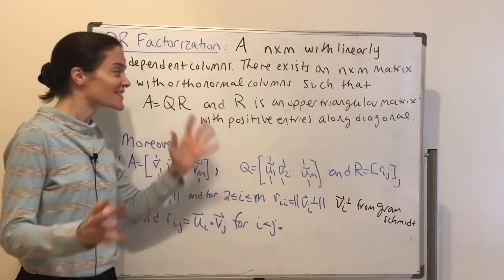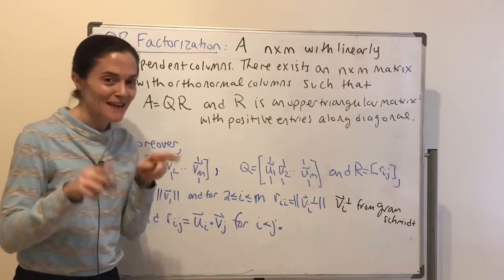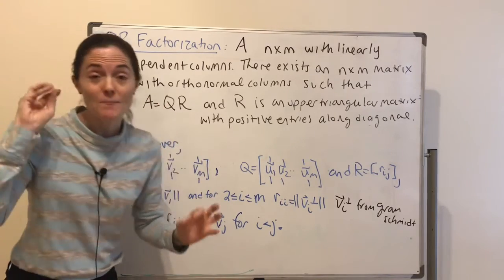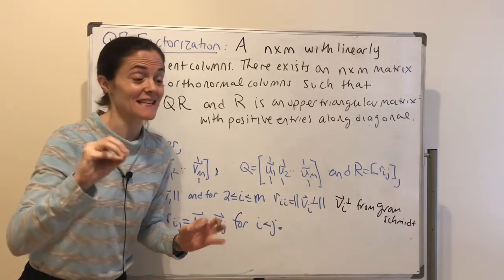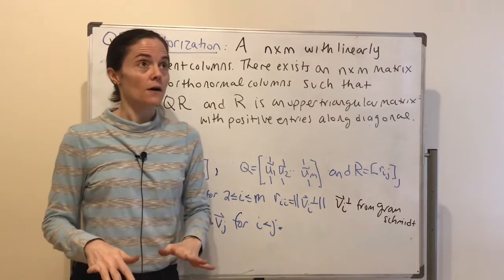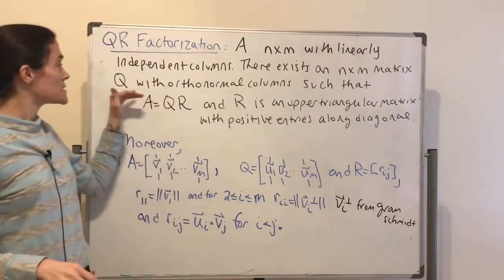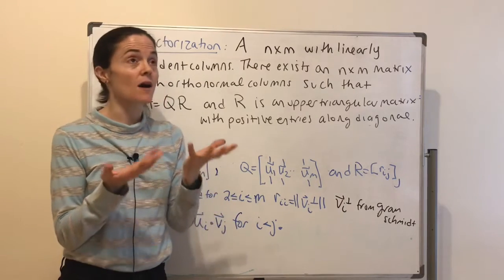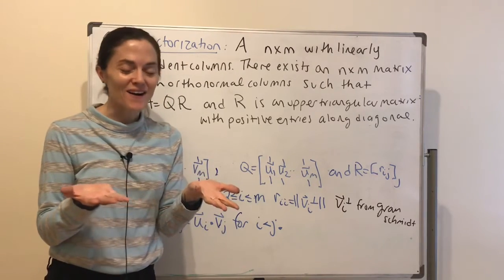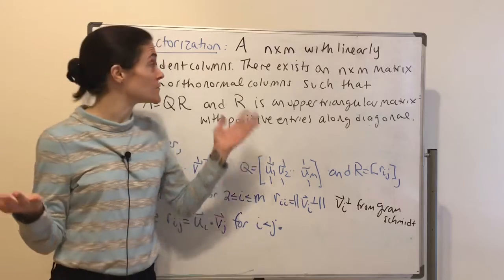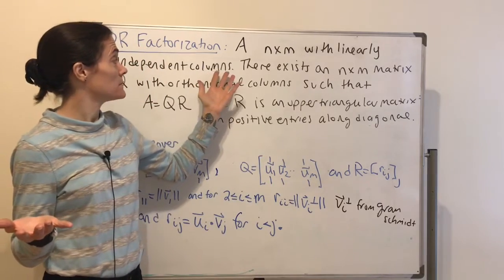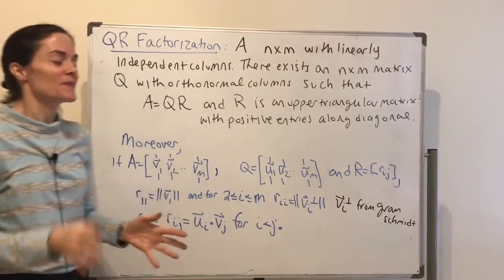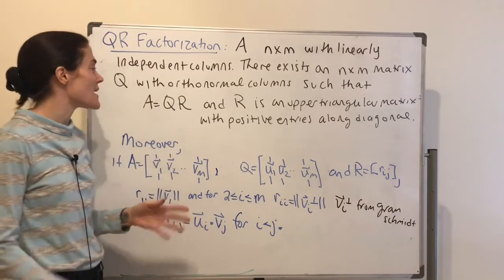R generally, so we saw a little 2 by 2 R, but it will be upper triangular and it will have positive entries along the diagonal. Okay, and this Q is exactly what we get with Gram-Schmidt. The columns of Q are orthonormal bases for the image of A, for example, the span of all the columns of A.